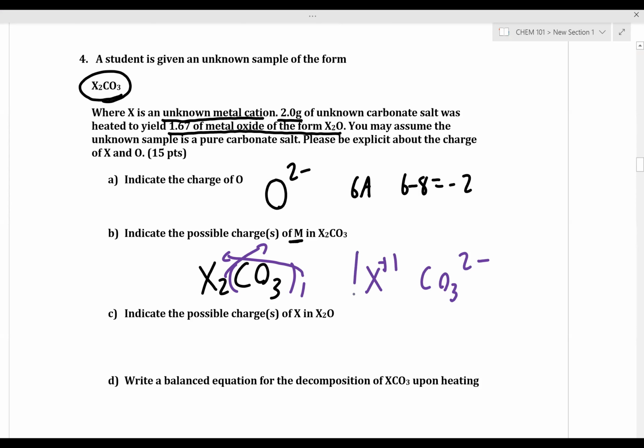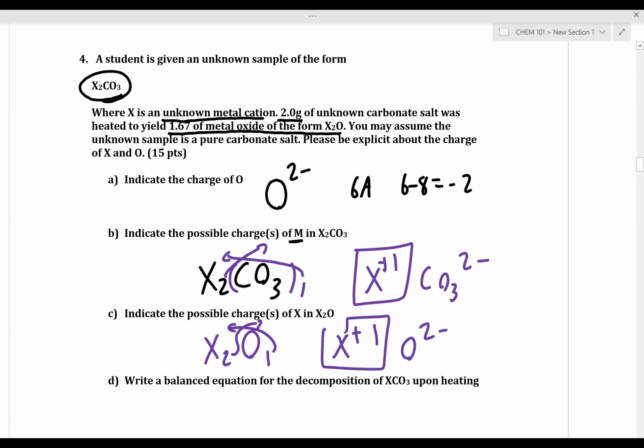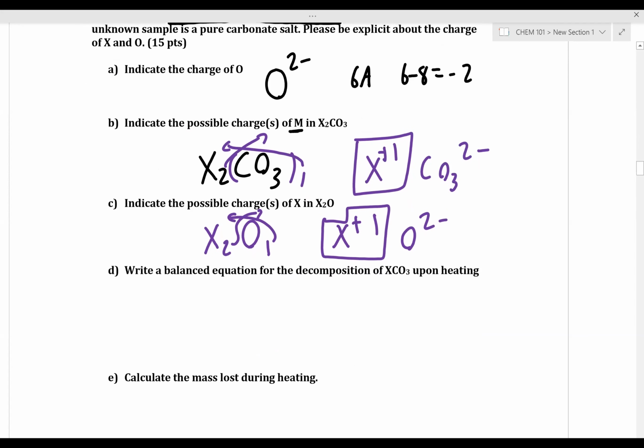Yeah, so then the charge for X is going to be +1. Likewise, in X2O, if we reverse cross our charges, we get X plus and O2-. So what's the charge of X? +1, exactly.